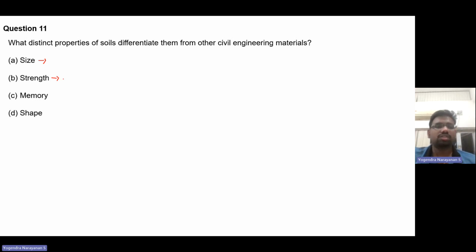So any aspect of strength is there. Shape, obviously we know there are standards. For example, in concrete, what type of aggregate should be used and preferred for what type of purposes. But as far as memory is concerned, although some alloys remember their shape, they are known as shape memory alloys.